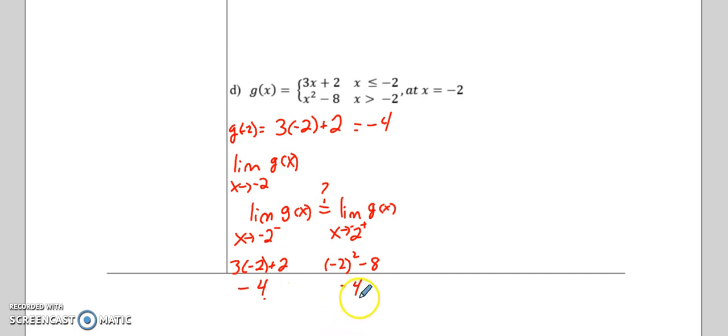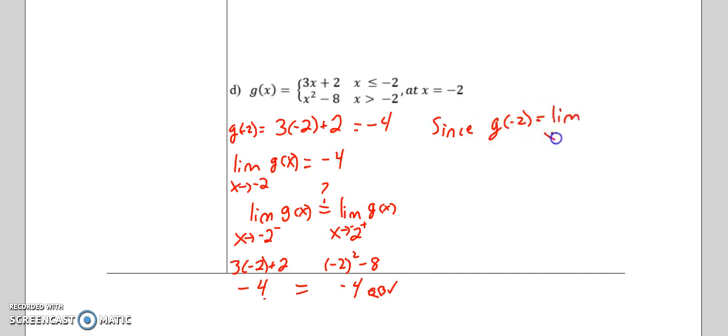Is the left-hand limit equal to the right-hand limit? So therefore the limit is equal to -4. In other words, that piecewise function at -2, the left and right hand pieces, are connected at -2, -4. So the third piece, and again the sentence is important.